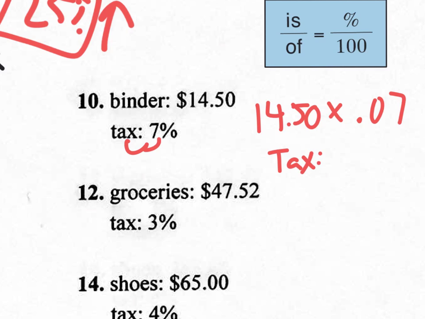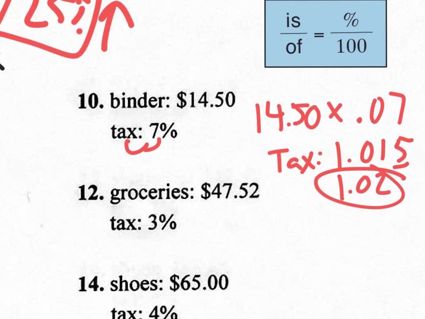Help me out here, guys. 14.50 times 0.07, what do we get? 1.015. So when it comes to taxes, the 5 is going to make it round up to a 2. So that's going to be $1.02 that you need to slap on to your price of $14.50, right?